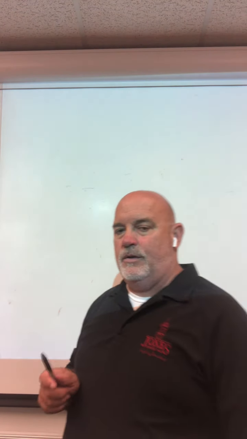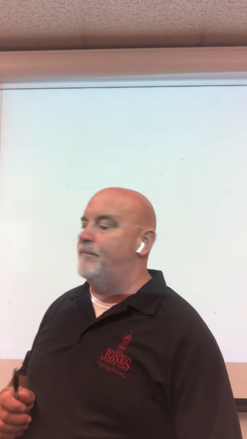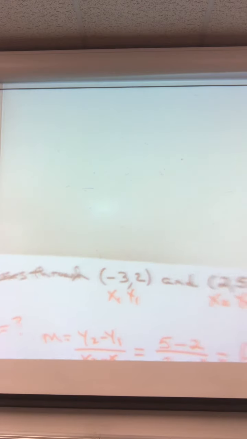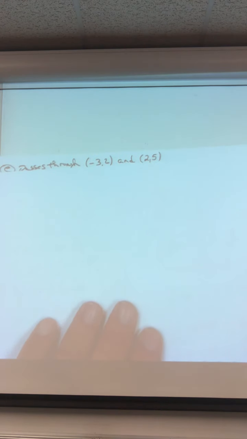Give you one more example. I'll let you copy this and then I'll go over it in the next step. This is part E. The line passes through the point -3, 2 and 2, 5.